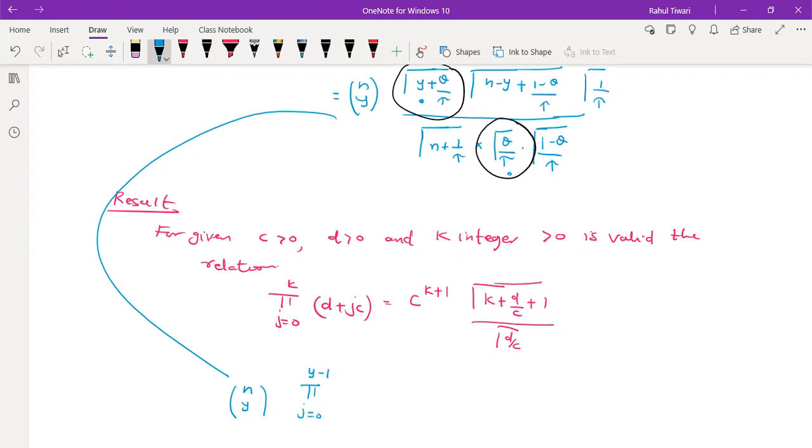And this is d and c. You can look at d and c. So d will be theta, c will be your tau. So this is theta plus j times tau. Can you understand this? Similarly, you can just look at the next product.